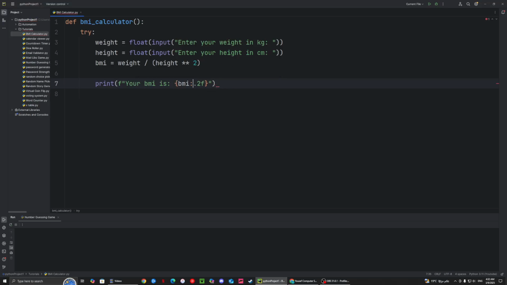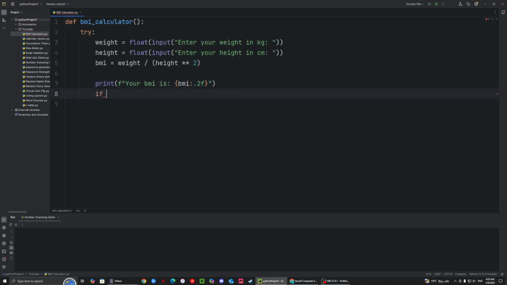Basically, the .2f stands for two floating point values. So if we get the answer to be 10.0 whatever, or 10.8 something, it will only catch these two. So it'll be 10.82. It will discard everything else because we have a 2 here. If we say 3 here, then it will be 10.821, and you get the point. So let's continue.